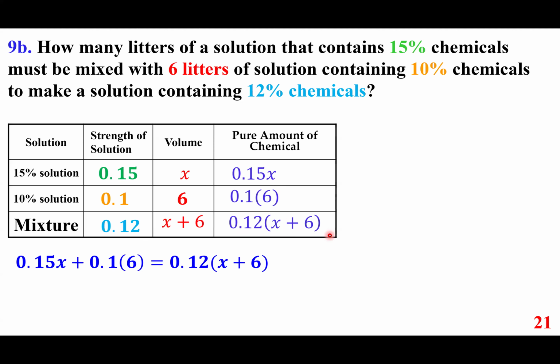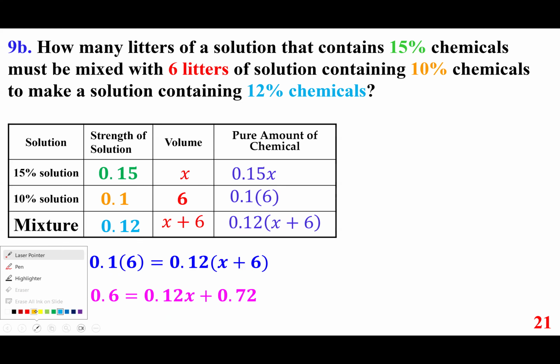And now this is 0.15x. This is 0.6. Distribute: 0.12x and 0.72. We're going to move things around. We're going to subtract 0.12x and we get 0.03x.